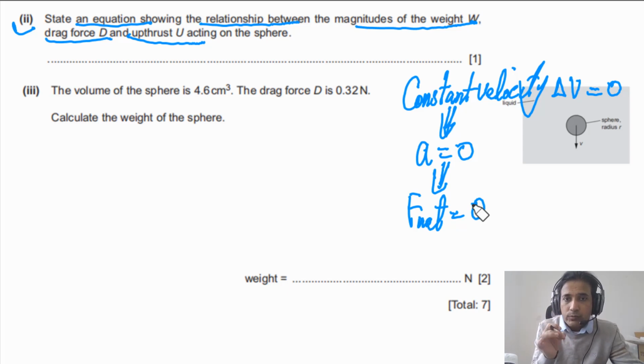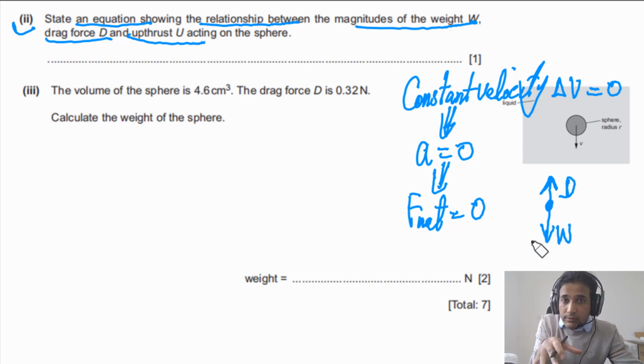Now we need to find out the direction of the forces. One force is acting down, so we can draw the free body diagram. That force has to be the weight of the sphere, we can say W. As this sphere is falling downwards, its direction of motion is downwards, so the drag force has to be in the upward direction. This represents the drag force.